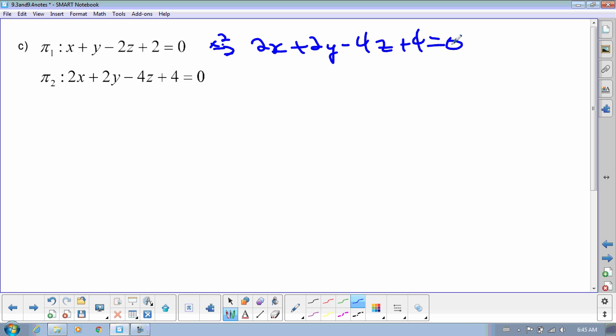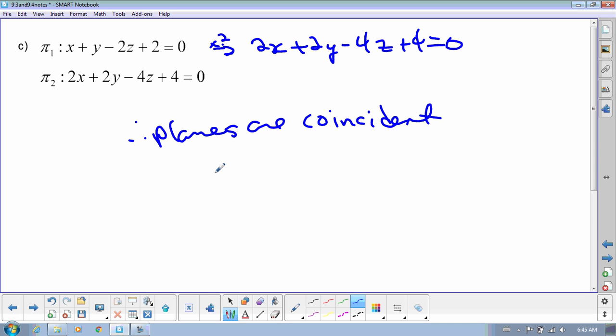They're the exact same plane. So therefore, the planes are coincident, infinite solutions. Okay, so not only are the normals multiples, but the d values are multiples as well.